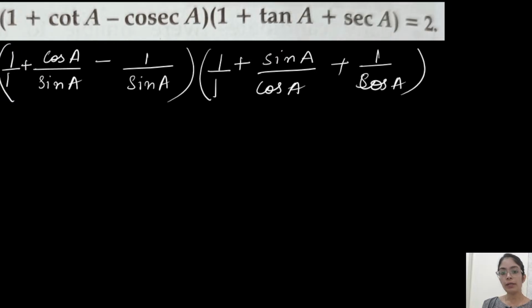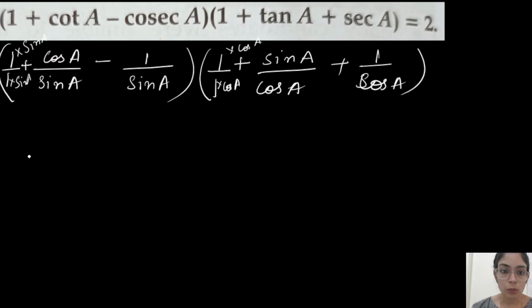Now inside the bracket, let's take the LCM. Two brackets are there because three terms are there, so three fractions are in each bracket. When fractions are added or subtracted, we can take the LCM, which basically means making the denominator the same. So the first one we multiply with sine, and the other with cos, multiplying up and down.